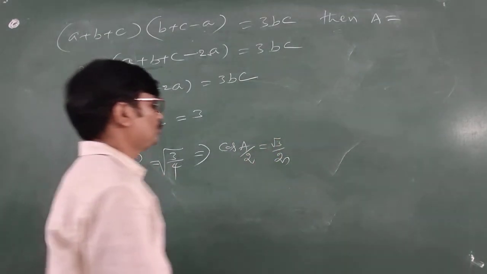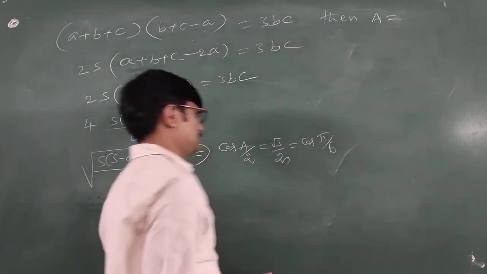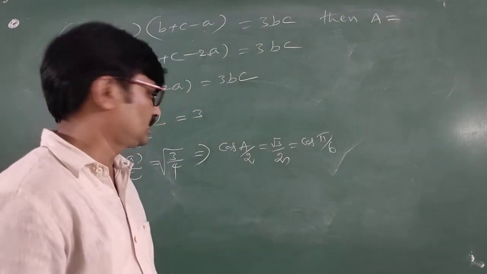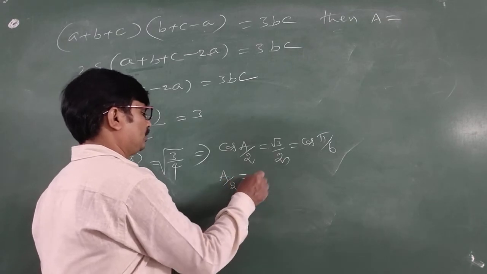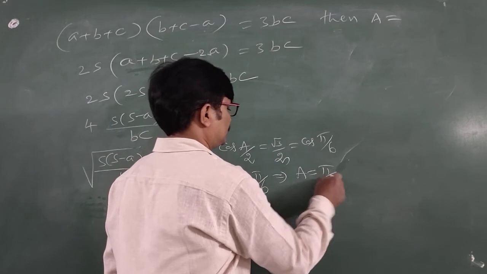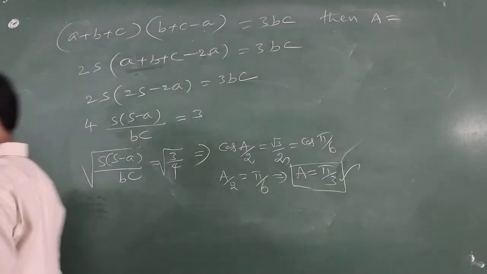The value of root 3 by 2 is cos 30 degrees. Now students, A by 2 equals 30 degrees, A equals 60 degrees. A is 60.